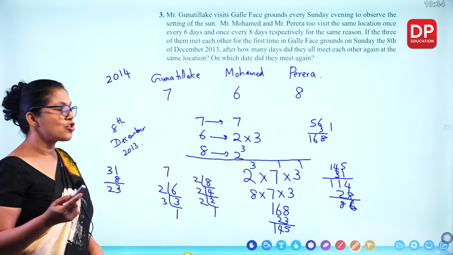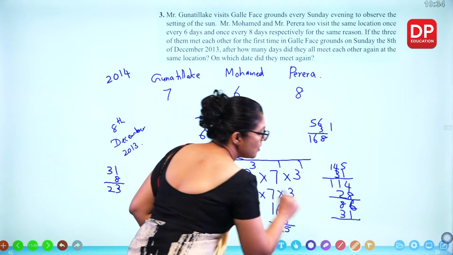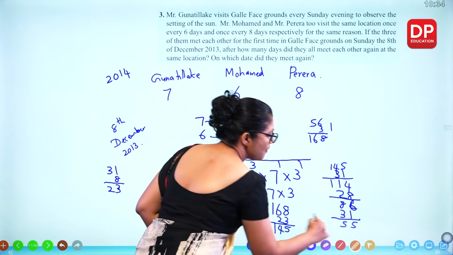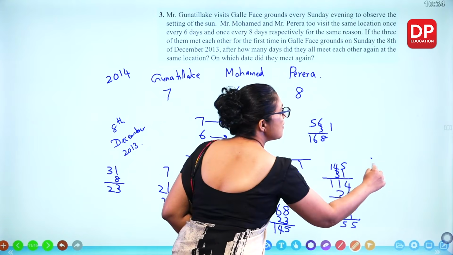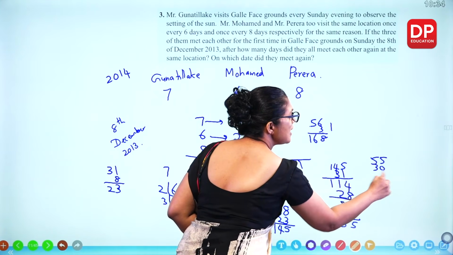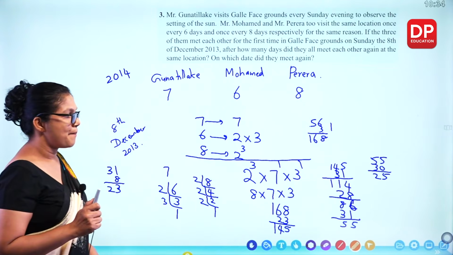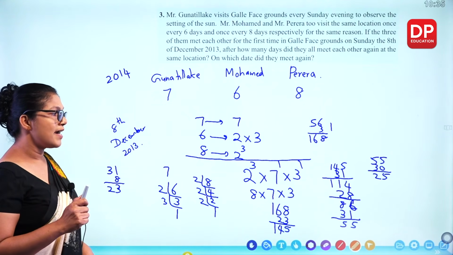Then March again 31 days are there. So you can subtract 31. So you get 55. April 30 days. 55 minus 30, you get 25. This is April. May, here you get 31 days.